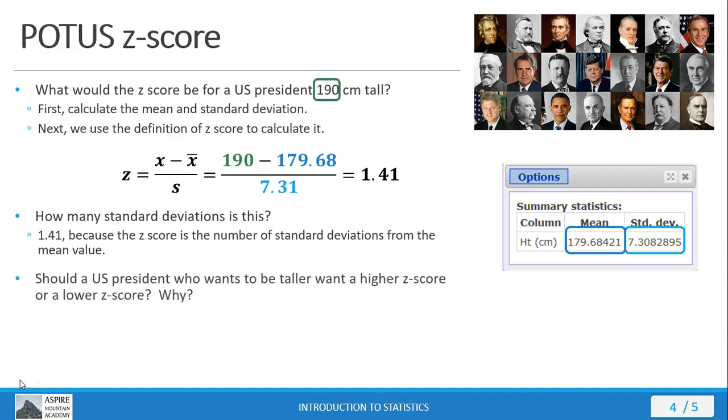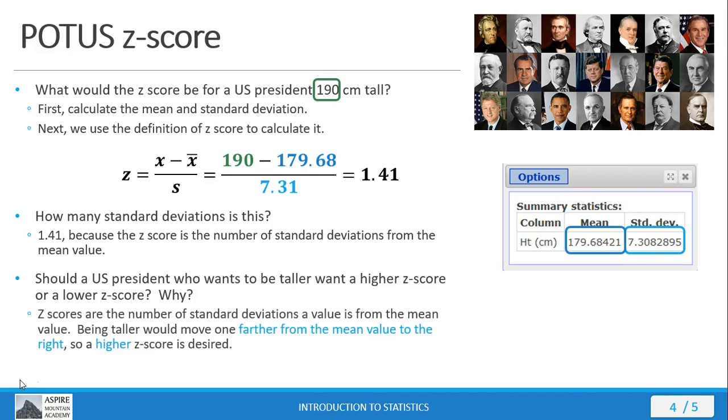Now, with that in mind, should a U.S. president who wants to be taller want a higher z-score or a lower z-score? And why? Again, I'll give you a moment. Okay, if you want to be taller, then you're going to want a height value that is greater than the mean.